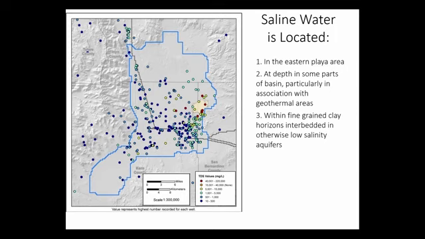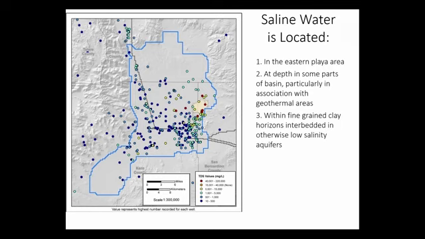You also have pockets of poorer quality, higher salinity water within the valley proper that are associated essentially with geothermal areas and also with fine-grained clay lenses, which can be interbedded in the areas that you have better quality water.